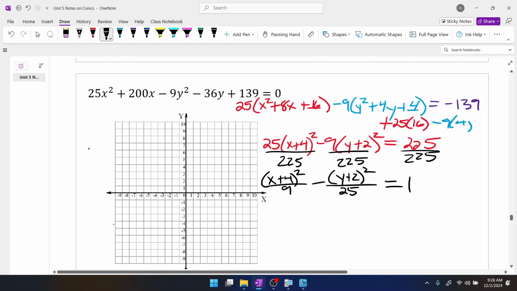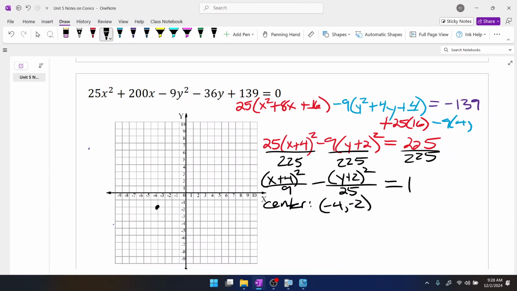So let's see here. We're going to have this centered at negative 4, negative 2. And obviously a is going to be 3, b is going to be 5. And since this is a hyperbola, c squared is going to equal a squared plus b squared.